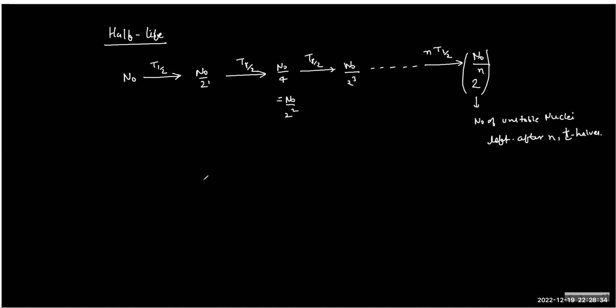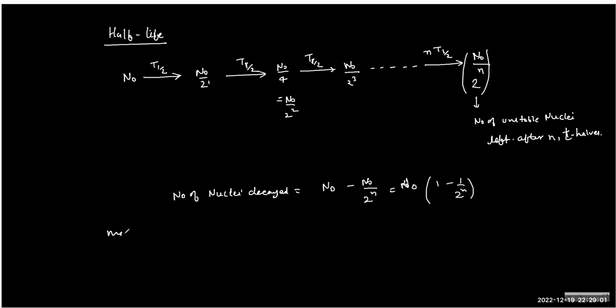So after n T half, how many nuclei decayed? The number of nuclei decayed is N naught minus N naught by 2 raised to n. Correct. So these are really simple formulas, not a big deal.